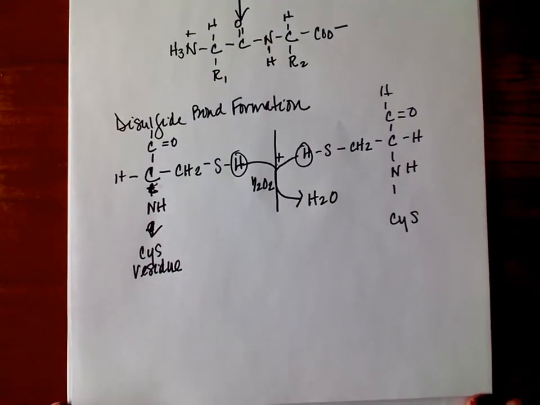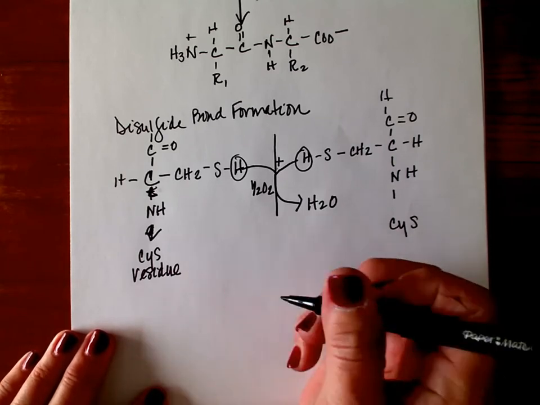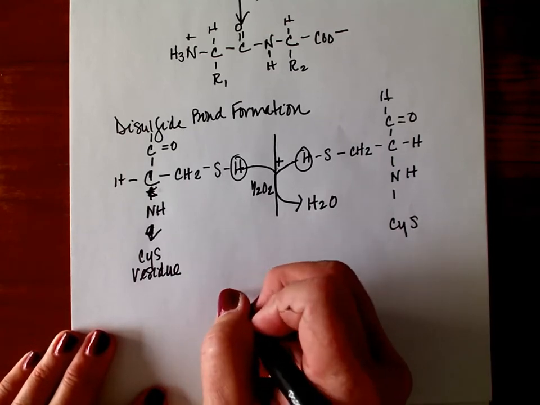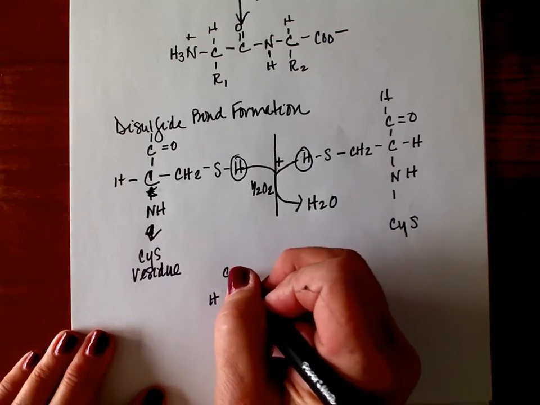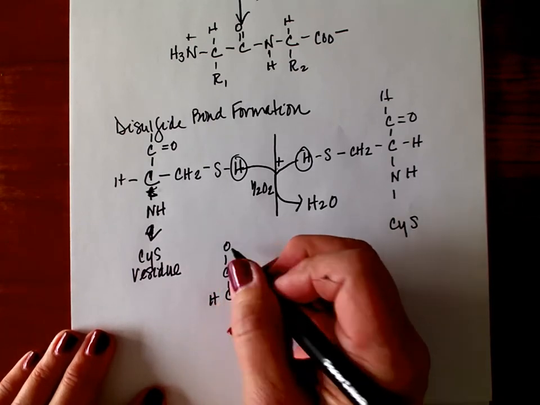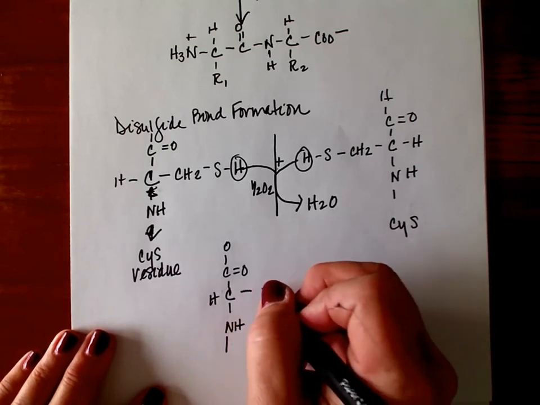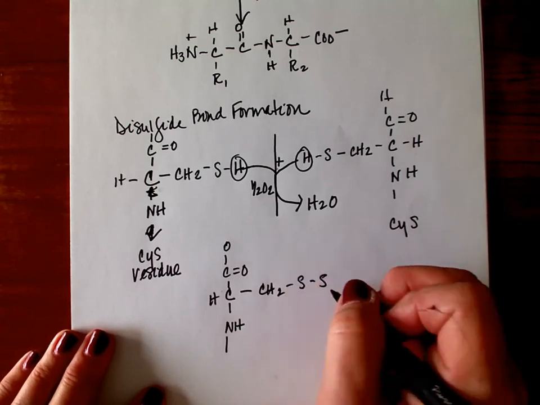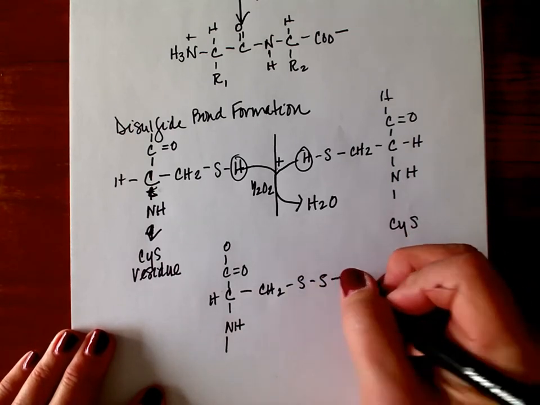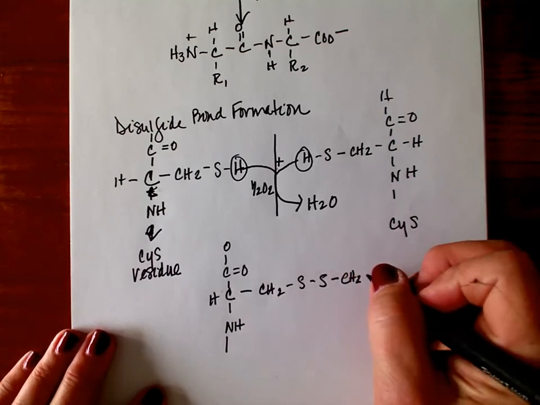And the end result then is the linkage between these two amino acids in the polypeptide chain. And this is our disulfide bond, or you may hear it called, when we talk about proteins, the disulfide bridge.